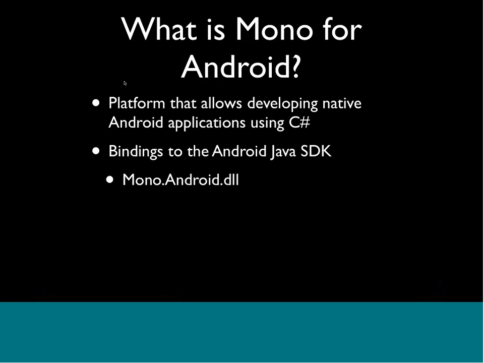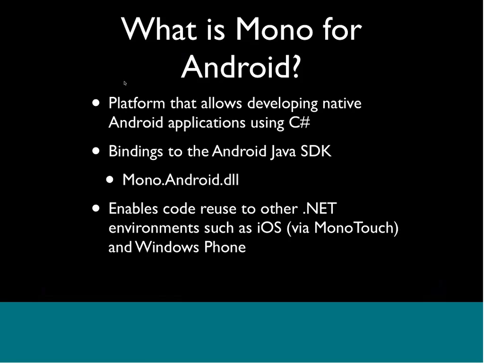What Mono for Android enables is code reuse to other .NET environments, such as iOS through MonoTouch, which we're going to talk about, or other environments like Windows Phone, or even non-mobile platforms, places you may have existing code bases. We'll talk a little bit about code reuse towards the end of the talk, which will make more sense after seeing both platforms in action a bit.